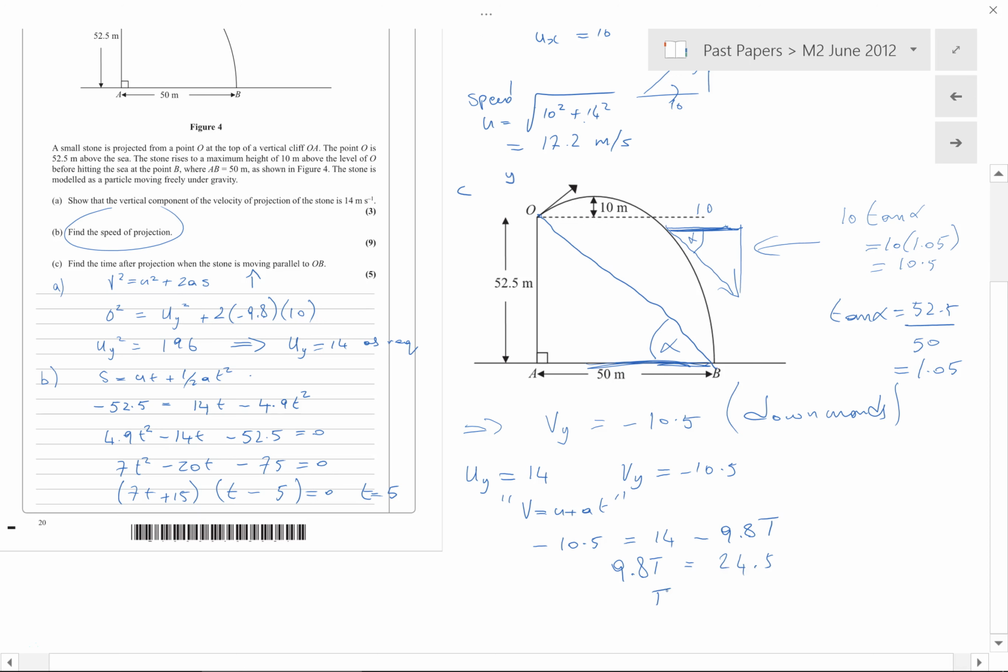Dividing that by 9.8, it comes to 2.5 seconds, using our answer for g.